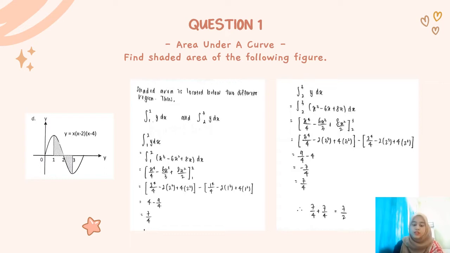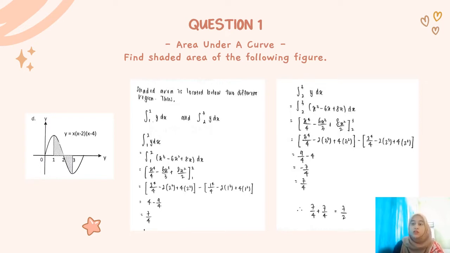We separately apply the power rule. Now we look at x cubed dx. It becomes x multiplied by 3 plus 1 over 3 plus 1, and that's how it becomes x to the power of 4 over 4.